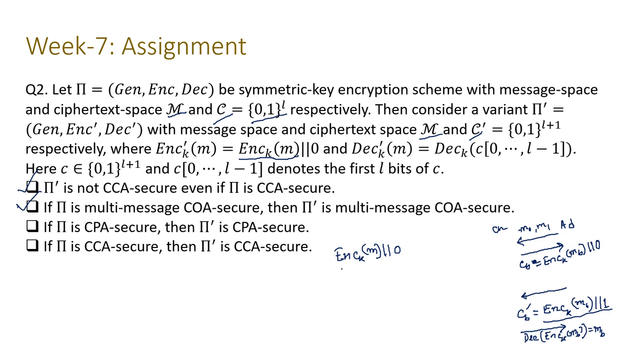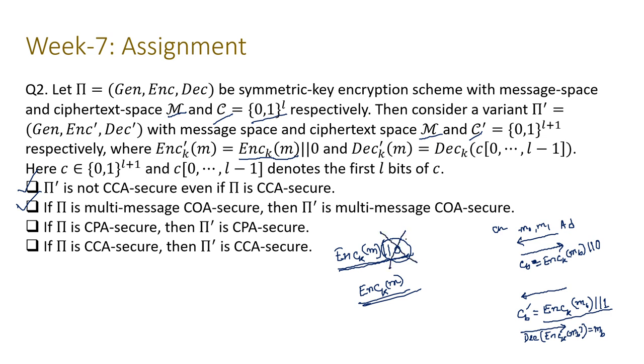Now if you are saying that in the modified scheme, by looking at this form of ciphertext you are able to gather information about the distribution of underlying message, then you can obviously recover the same information about the distribution of underlying message from this kind of ciphertext as well, because the only difference is some extra 0 bit appended at the last. So this really has no information about the underlying message.